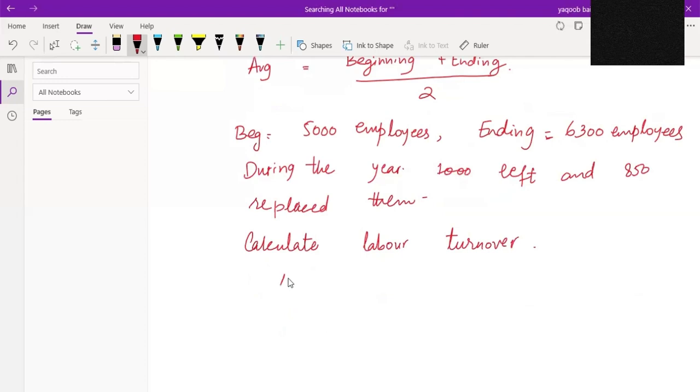So first of all, we will calculate the average number of employees: beginning 5,000 plus ending 6,300, divided by 2.